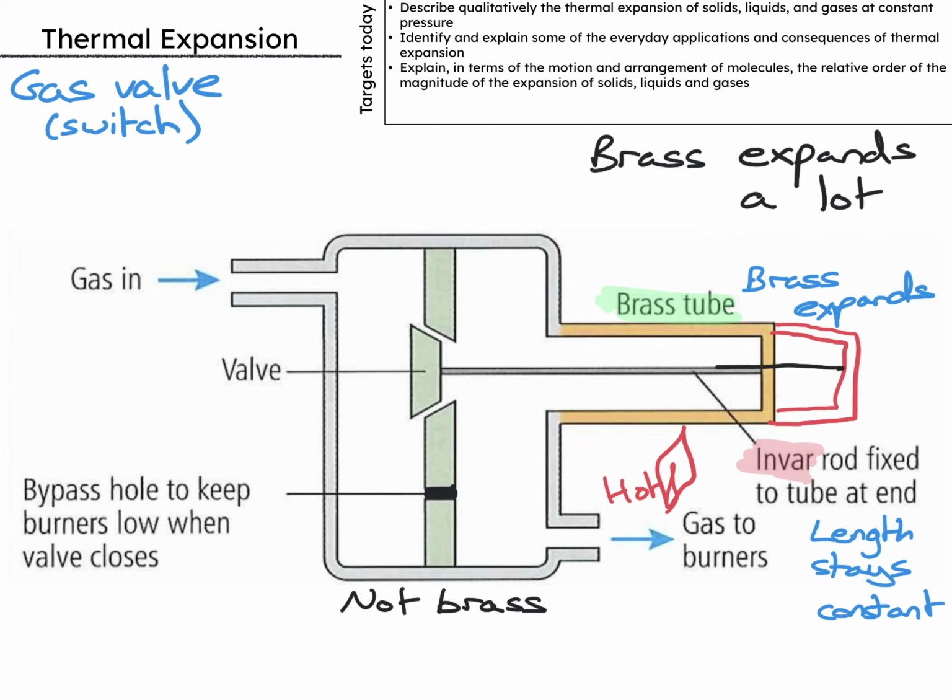Now the invar does not get longer. So what happens is the valve gets pulled to the right and the gap gets smaller. Smaller gap means less gas coming through. So the temperature drops.